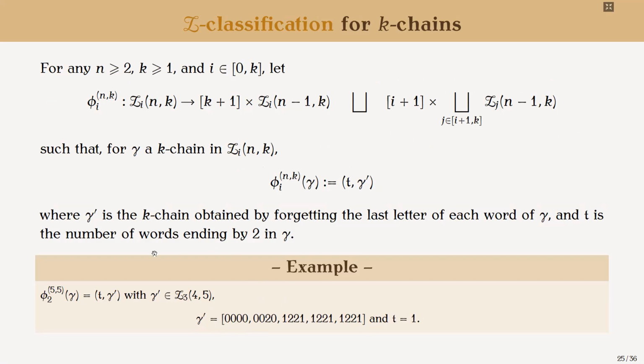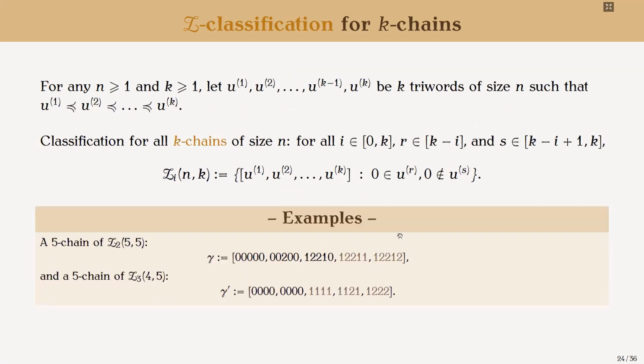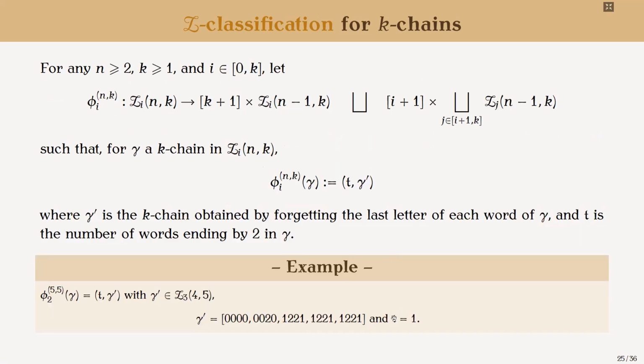And we have to notice what is the number of words in gamma ending by the letter 2. So in gamma, the only Triword ending by 2 is this one. So we note T equal 1.